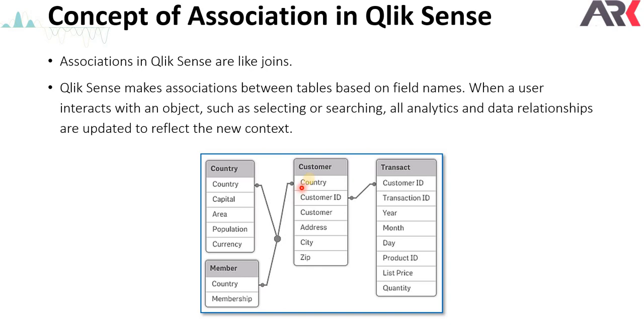Based on this, the country which actually got filtered will filter the table of country and members. So this is how association works.